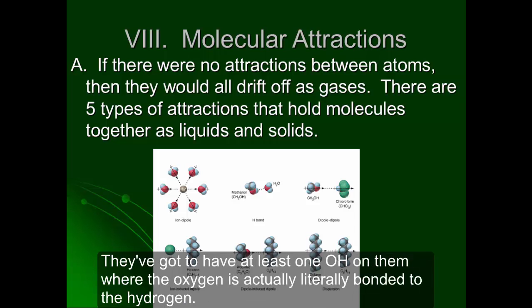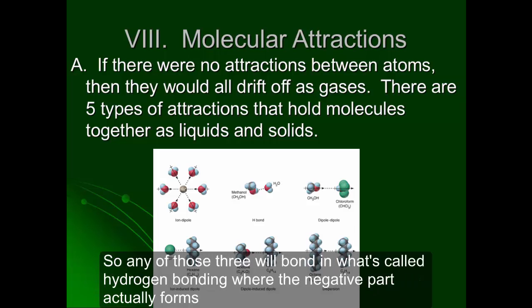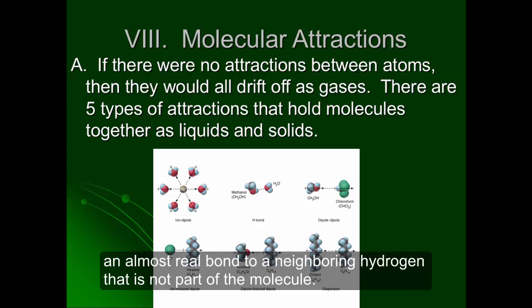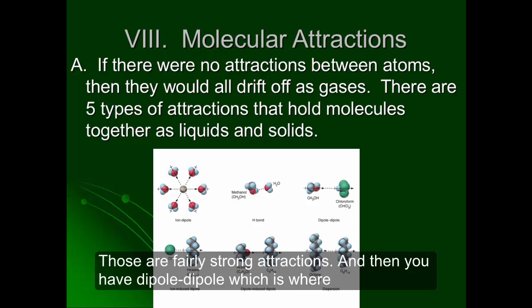They've got to have at least one OH on them where the oxygen is literally bonded to the hydrogen. So any of those three will bond in what's called hydrogen bonding, where the negative part actually forms an almost real bond to a neighboring hydrogen that is not part of the molecule. Those are fairly strong attractions.